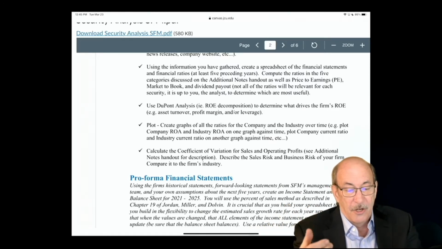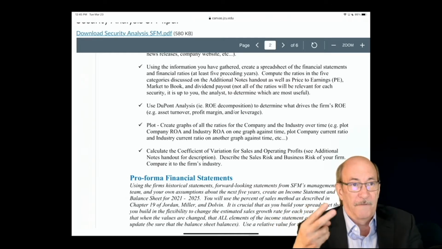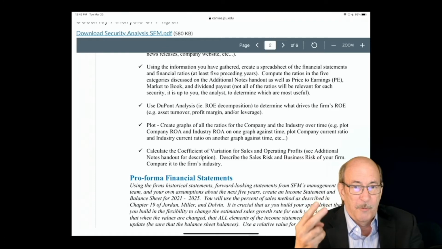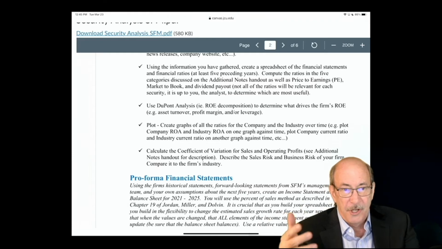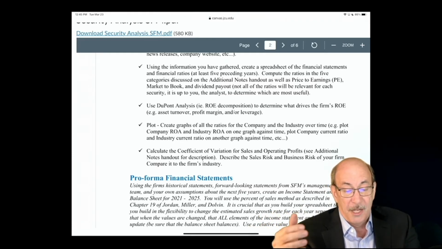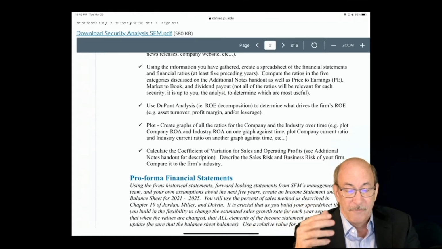And then finally, you're going to compute the coefficient of variation for both sales and operating profits for Sprouts Farmers Market. And that also is detailed. The process and how you get a COV is detailed in the additional notes handout. And then do a brief description of what you think that is.